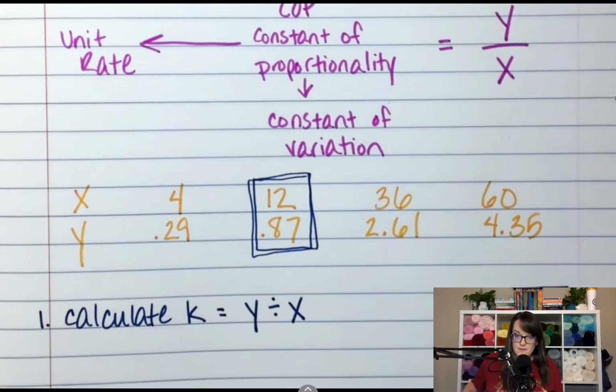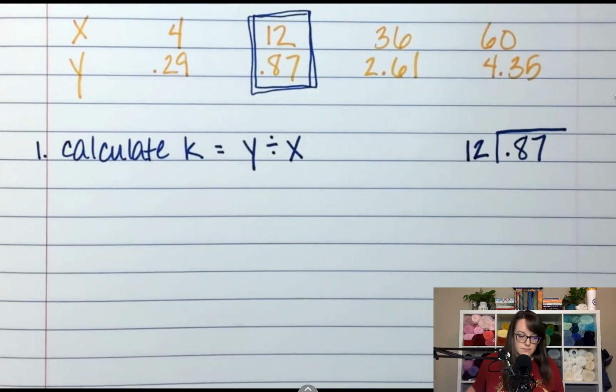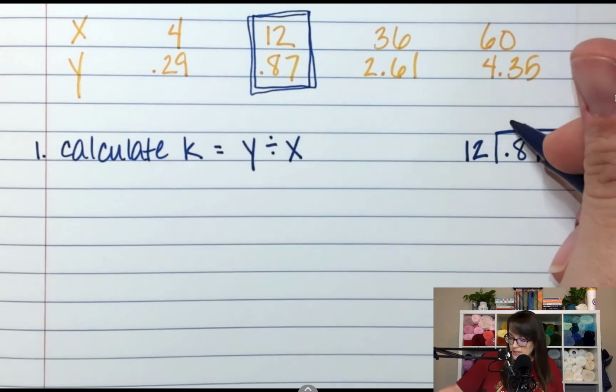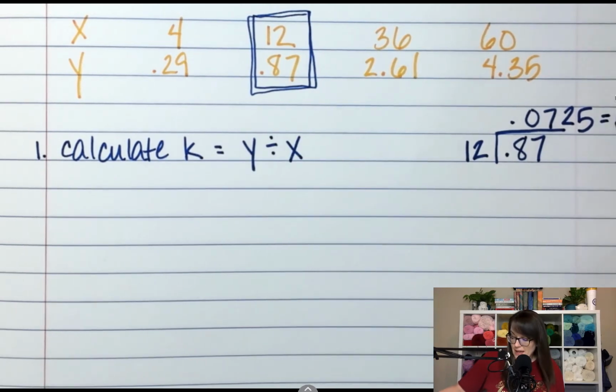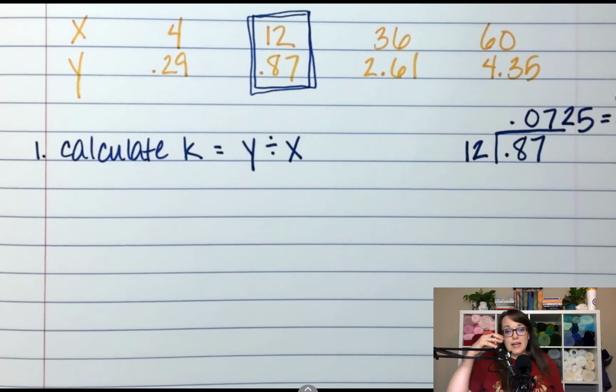Take a minute and divide those two. Yeah, you got a pretty weird decimal. You got 0.0725. So that is my k. That's step 1. Now we have to decide, okay, so that one is 0.0725. Are all of them 0.0725? Because remember, with a proportional graph, they have to be exactly a straight line.